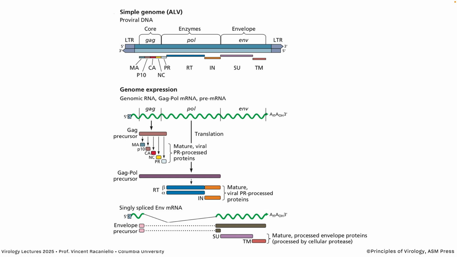The POL encodes the reverse transcriptase and integrase. And then the envelope encodes the spike. And this is extensively spliced in cells to get you the envelope proteins because they can't be accessed by translation of that mRNA.